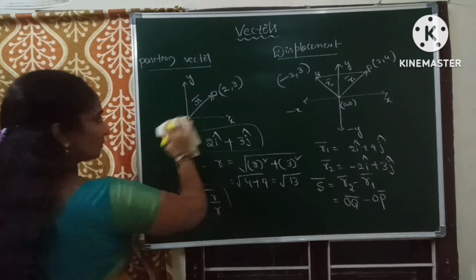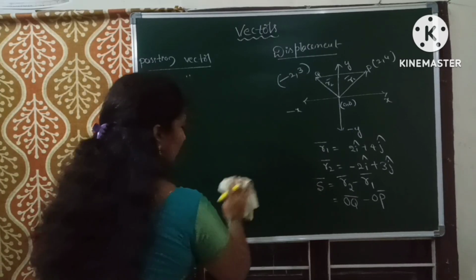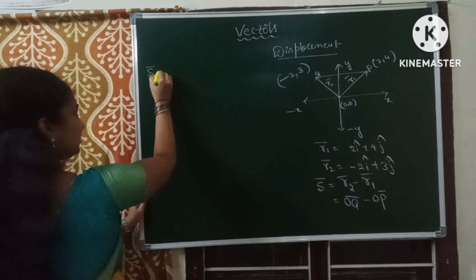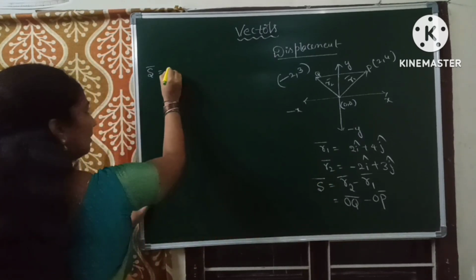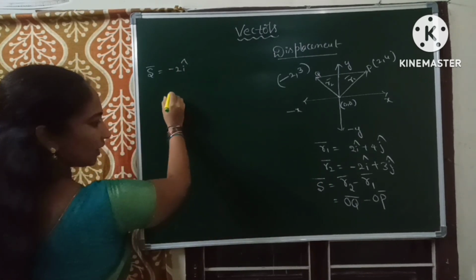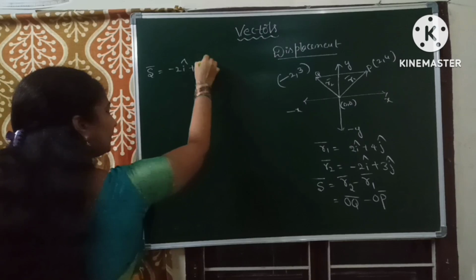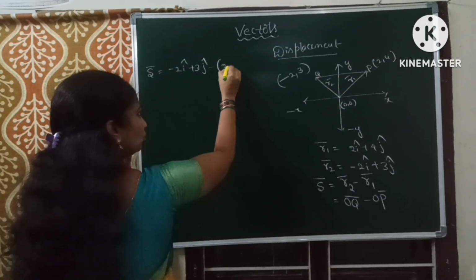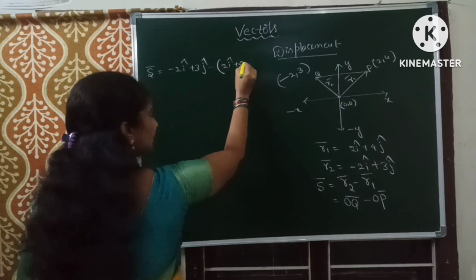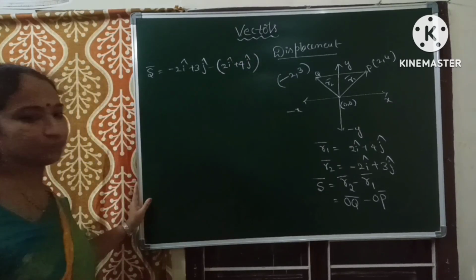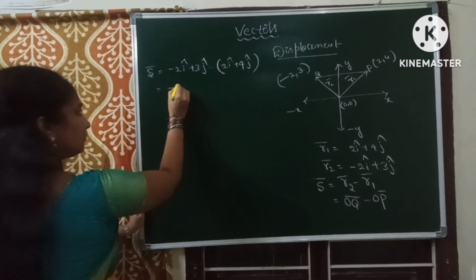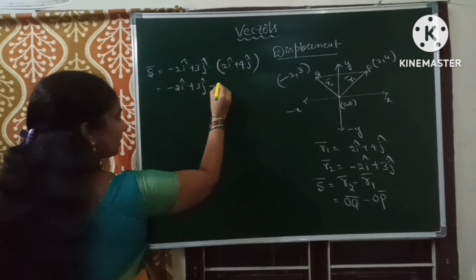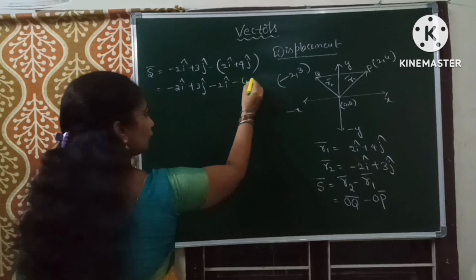If you simplify that, S bar displacement is equal to r2 bar, which is minus 2i cap plus 3j cap, minus r1 which is 2i cap plus 4j cap. Simplify this, which is equal to minus 2i cap plus 3j cap plus minus 2i cap minus 4j cap.